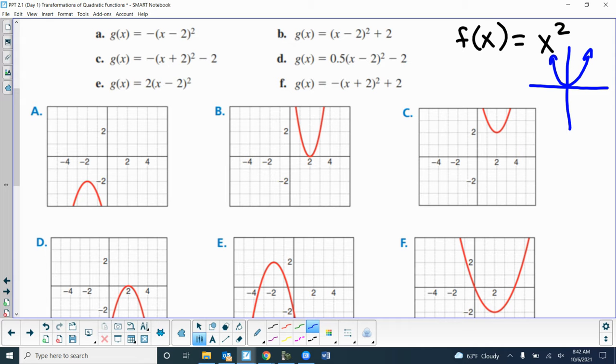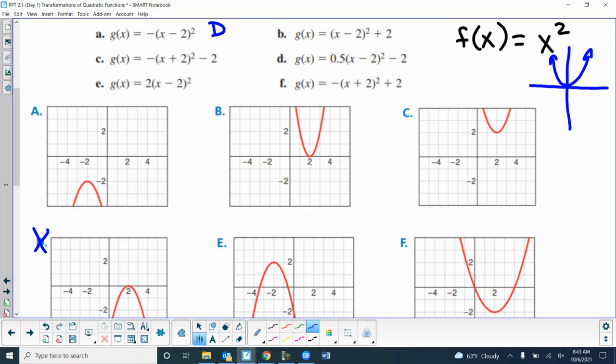So that would be D, wouldn't it? So D goes with function A.